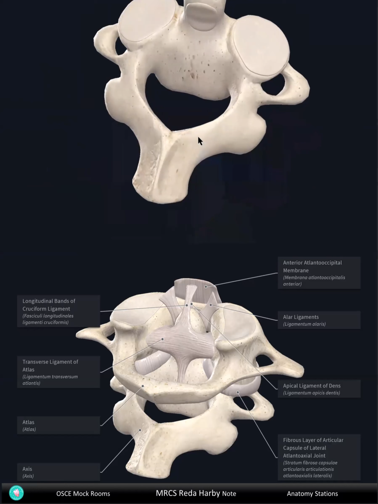And what type of joint is the atlanto-occipital joint? It's a pivot synovial joint. Sorry, atlanto-occipital joint. I think it is condyloid synovial. Yeah, condyloid.